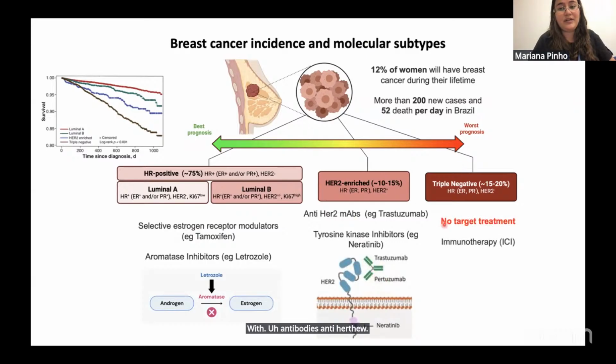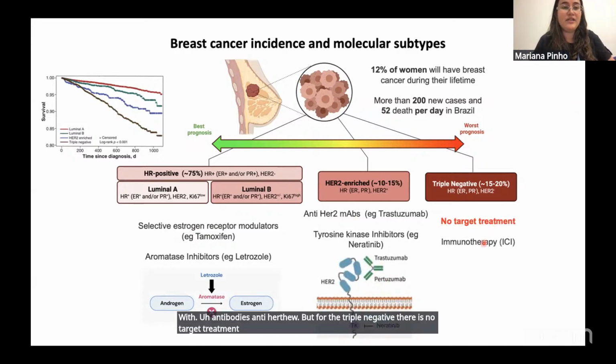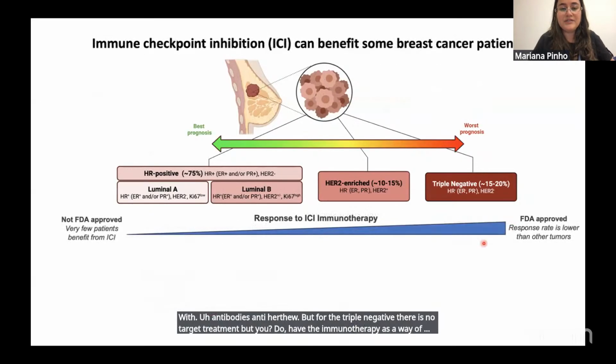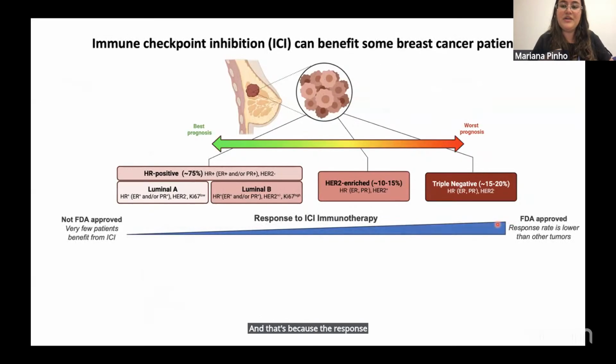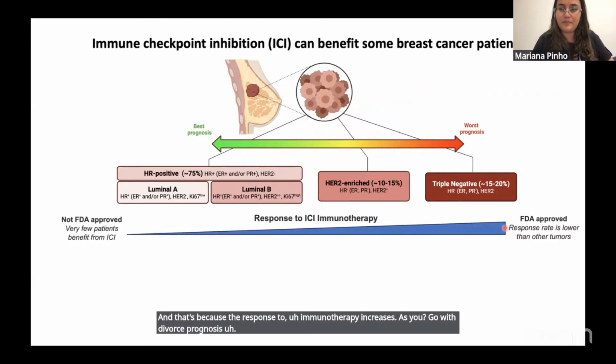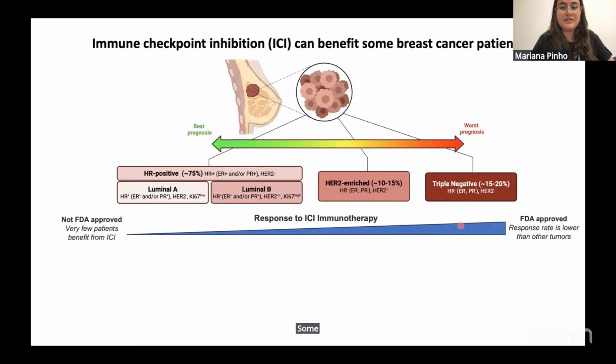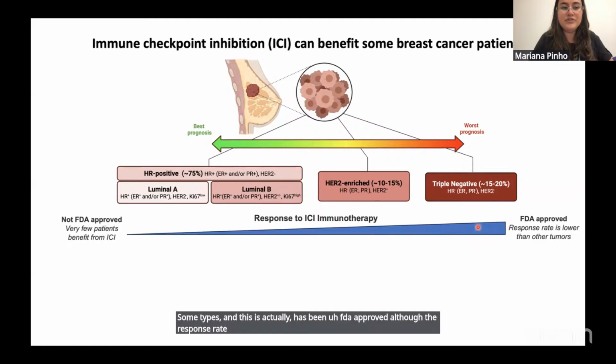But for the triple negative, there is no targeted treatment, but you do have immunotherapy as a way of treating. That's because the response to immunotherapy increases as you go to the worse prognosis subtypes. This has actually been FDA approved, although the response rate is lower than in other tumors.